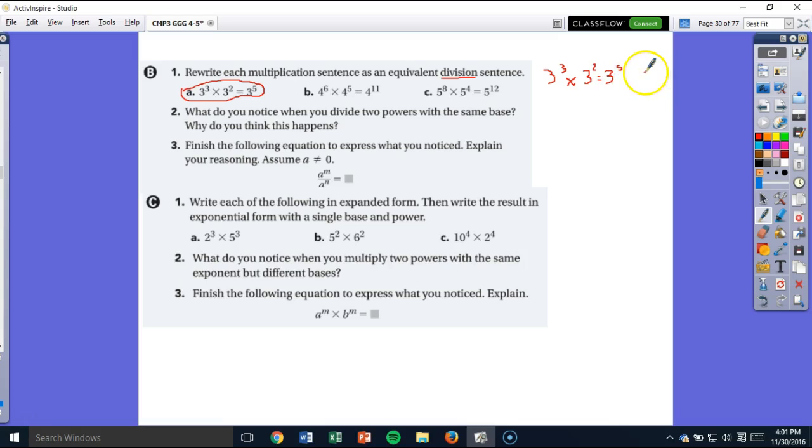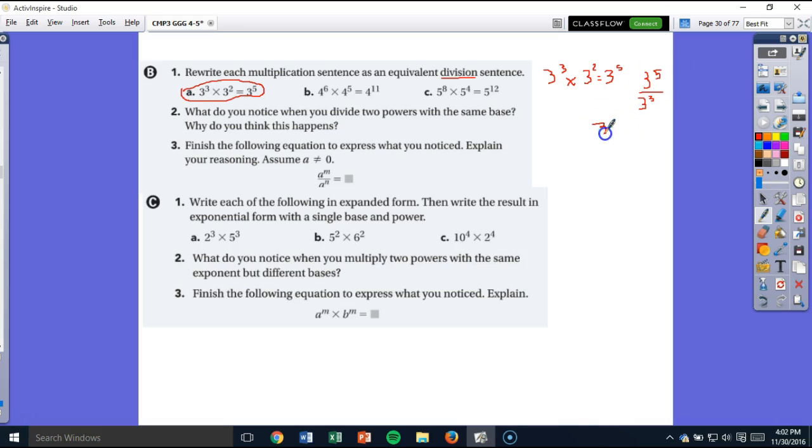But let's say we had 3 to the 5th divided by 3 to the third. Well, now when we're dividing with the same base, we're going to subtract the exponents from each other.